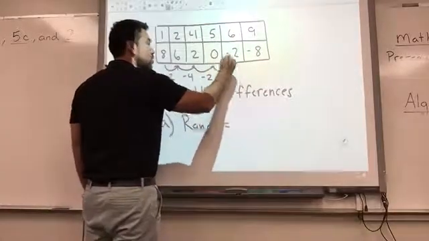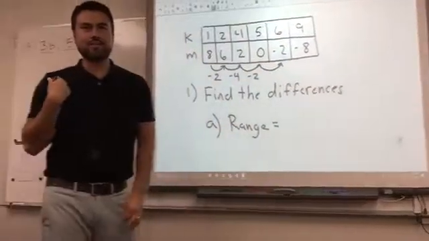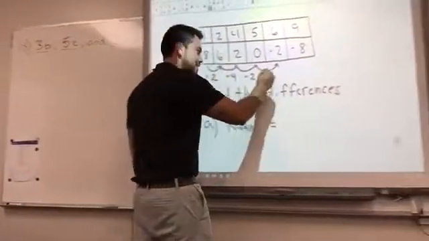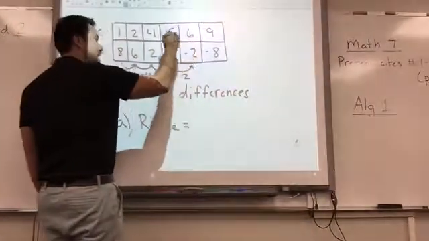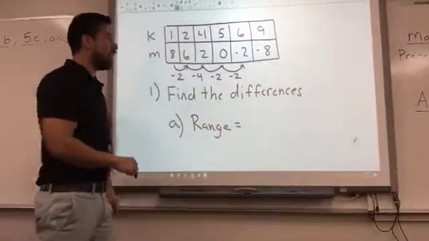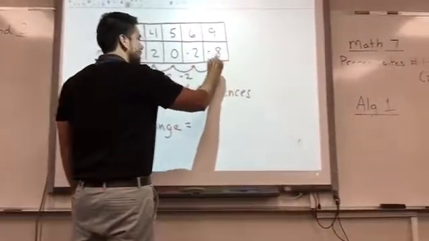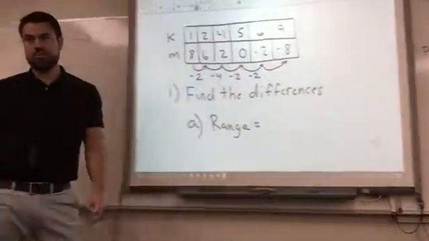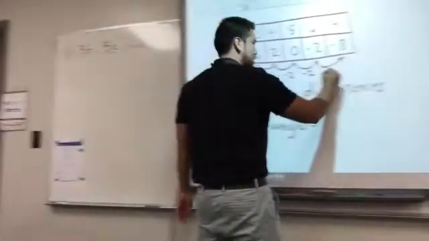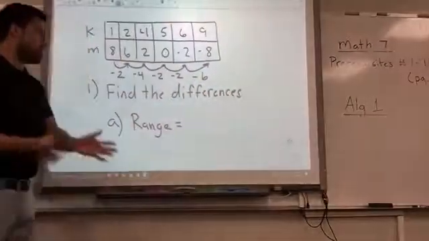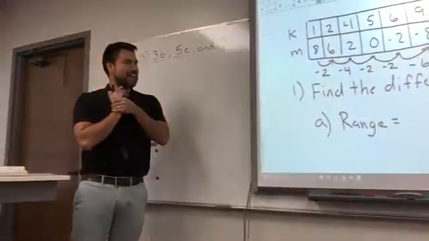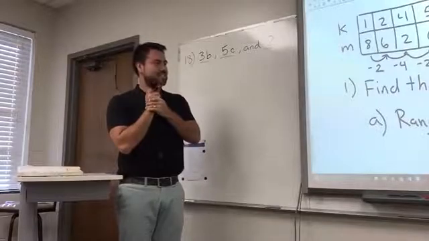What's negative 2 minus 0? I know that sounds tough, but it's actually very easy. Negative 2. So negative 2 minus 0 is still negative 2. And then what's negative 8 minus negative 2? Okay, good. You guys are doing well. Negative 6. Good. That is not very nice.